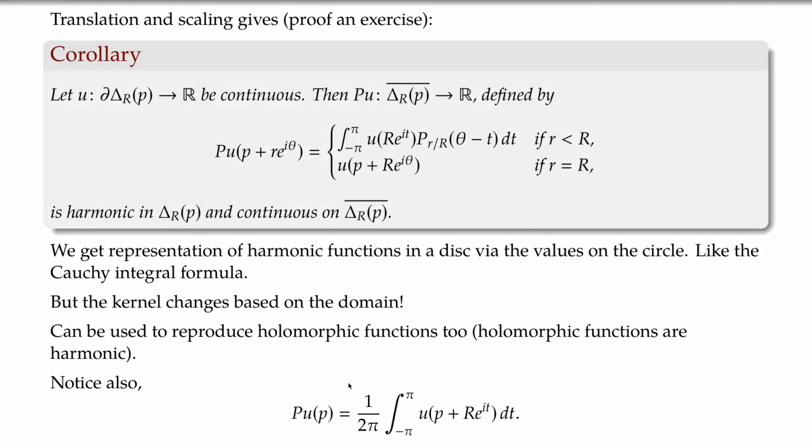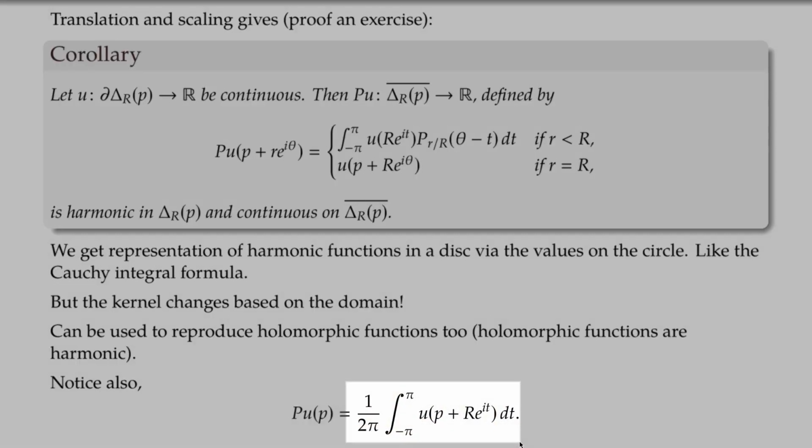So what is this? This is the average of u on the circle of radius r around p, and we're saying that it equals the harmonic function inside.